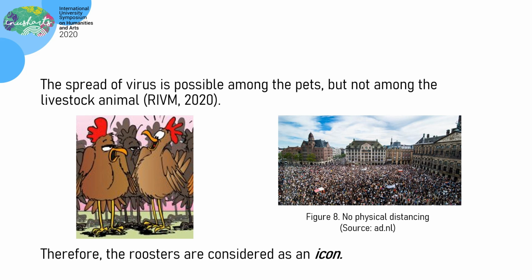In this cartoon, the dialogue between the roosters shows that they are concerned about the virus. However, according to the Minister of Health, or RIVM, the livestock animal, such as rooster, is not susceptible to the virus. As we pay attention to the dialogue, the other roosters said that if the virus is spread among them, each of the roosters will get 1.5 meter space.